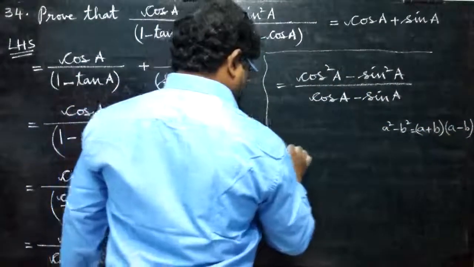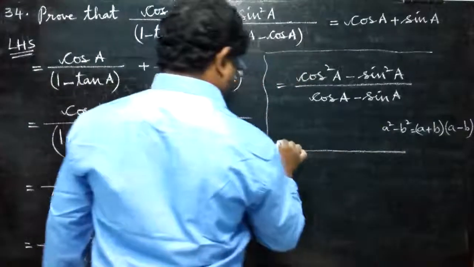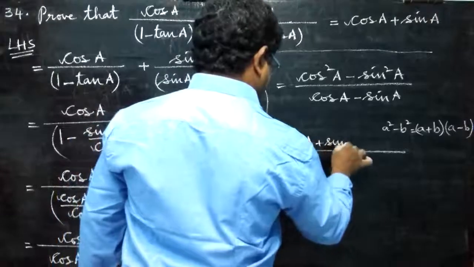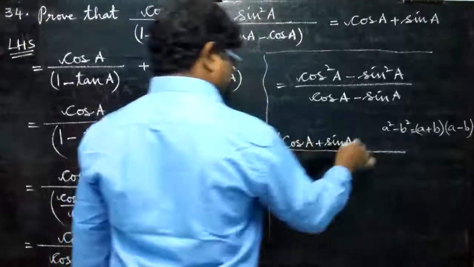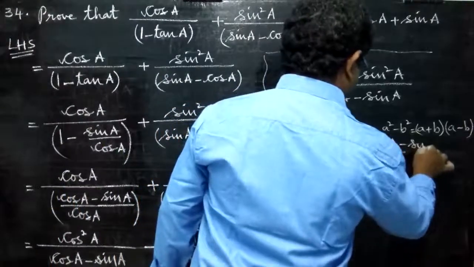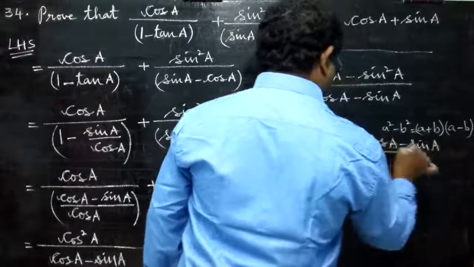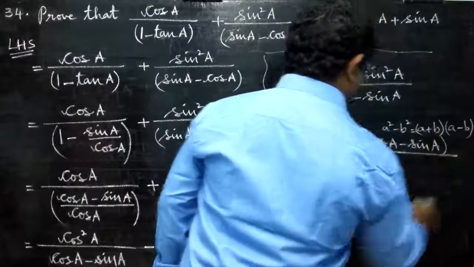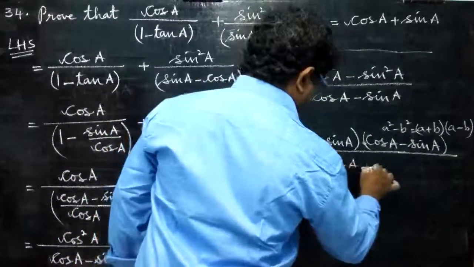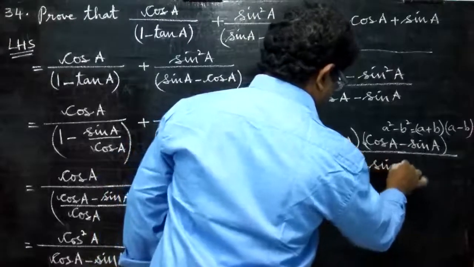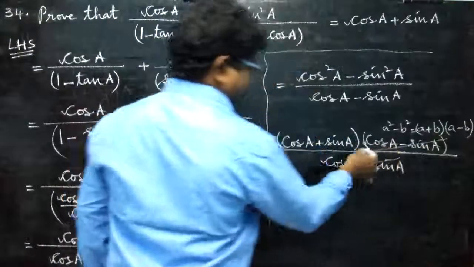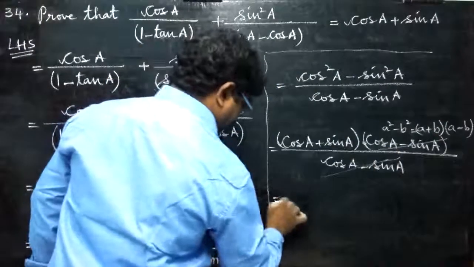So, the numerator I am going to write as cos A plus sin A into cos A minus sin A, by the denominator cos A minus sin A. Now, cos A minus sin A cancels. What is remaining?